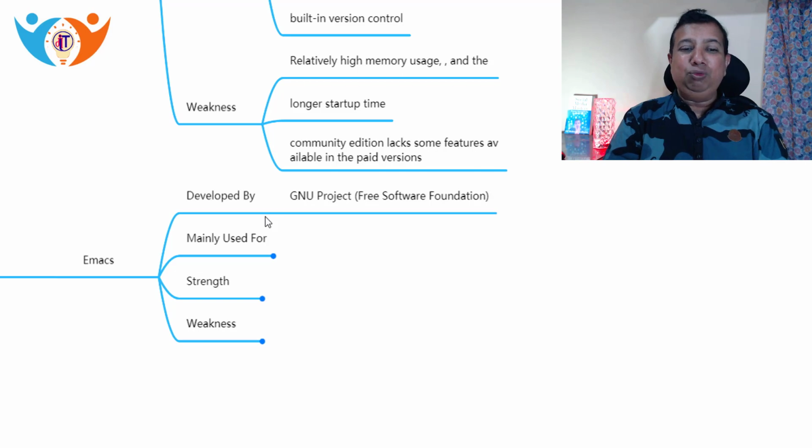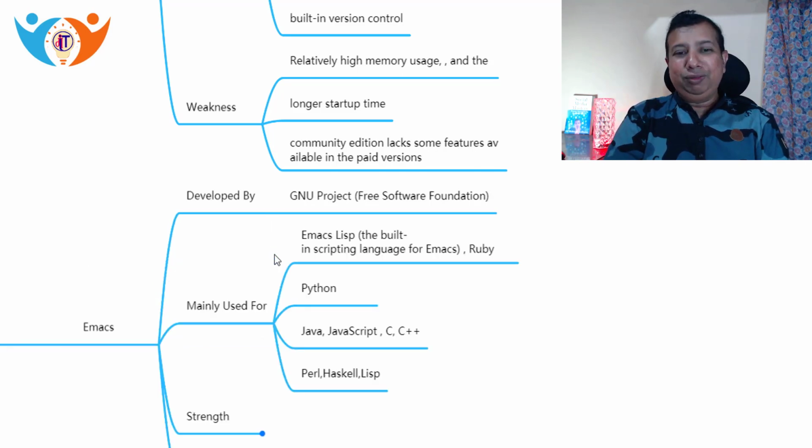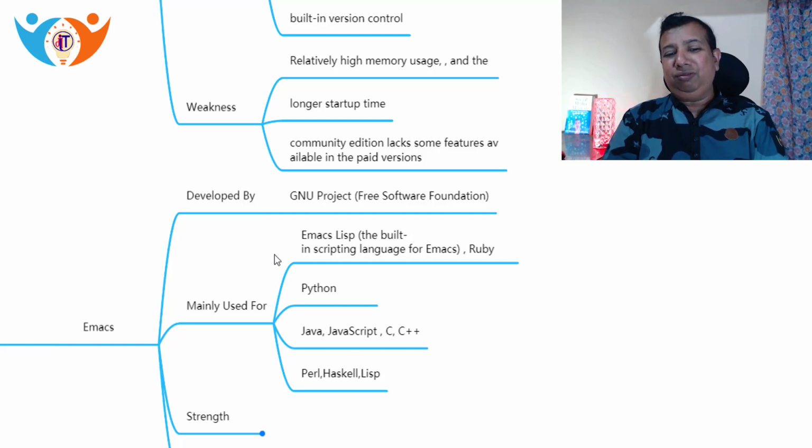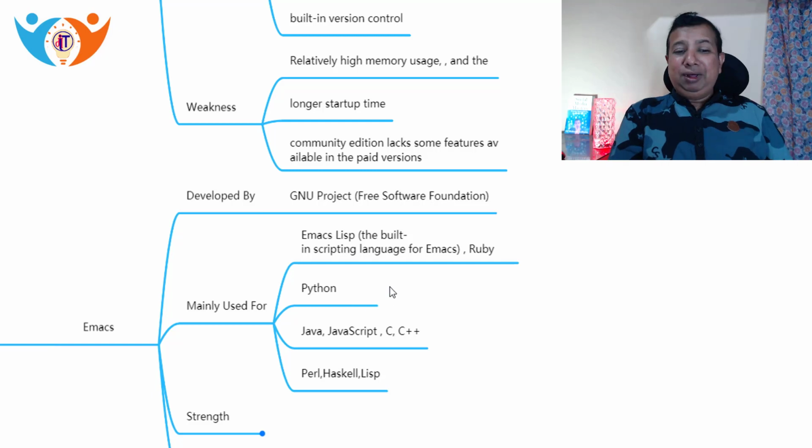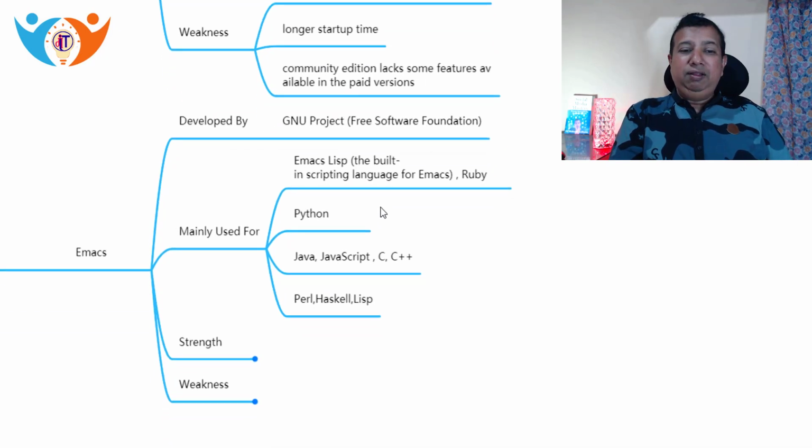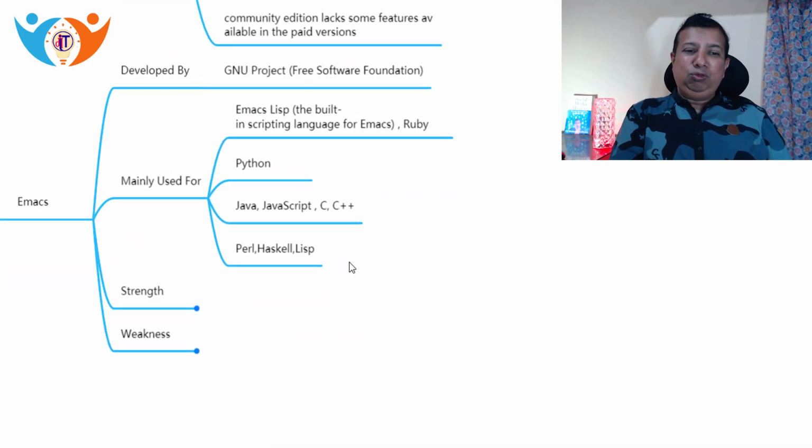It is mainly used for writing programs for rule-based technology, so Lisp, which you can call list programming. Lisp is the built-in scripting language for Emacs. We can also use it for Ruby and Python. We can even develop programs in Java, JavaScript, C, C++, Perl, Haskell, and Lisp. These are different programming languages that we can use.